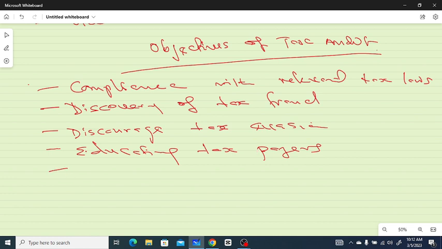Number 5, enable tax authorities to gather information on taxpayers, especially information of a permanent nature.